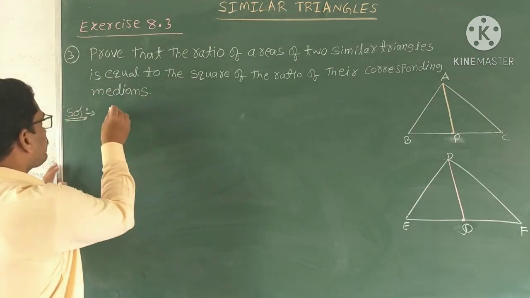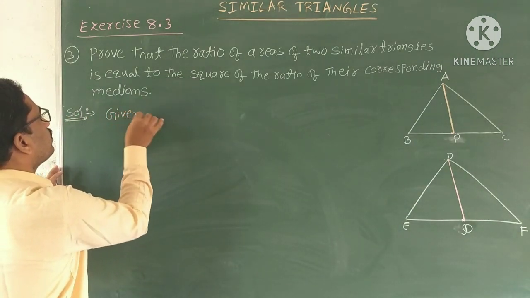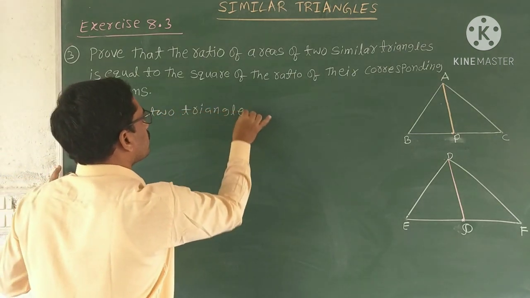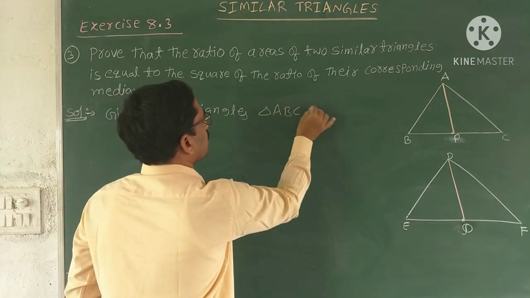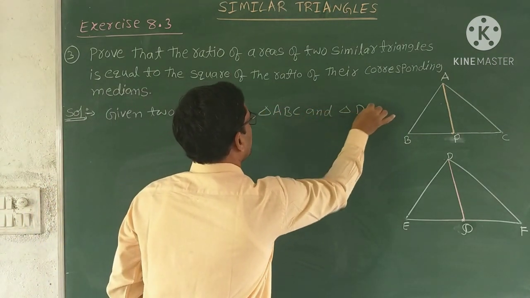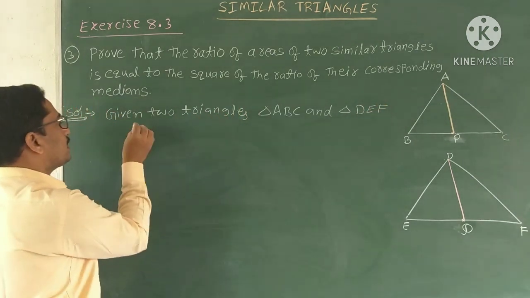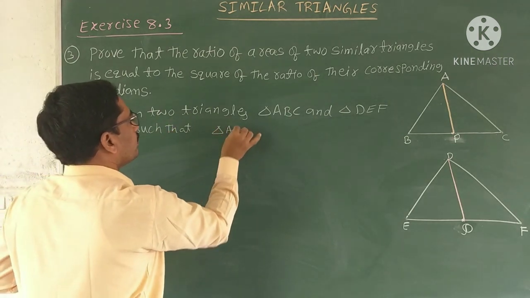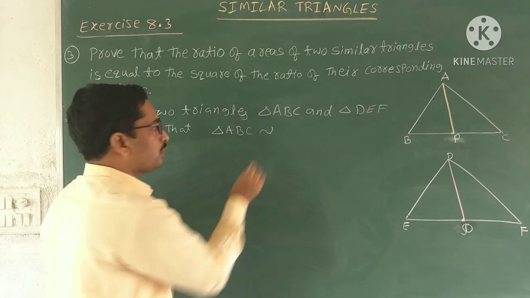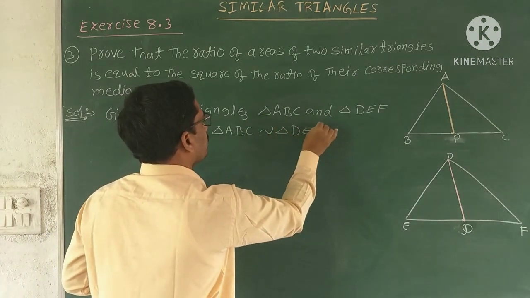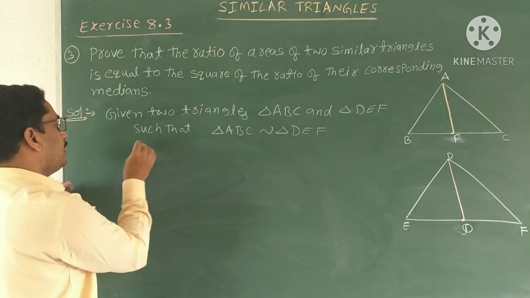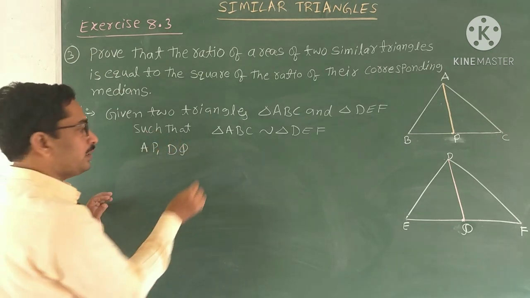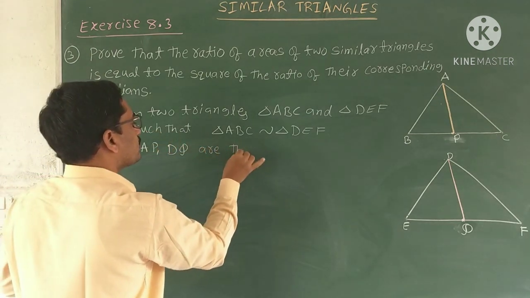Now write the given. Given two triangles, triangle ABC and triangle DEF, such that triangle ABC is similar to triangle DEF, and AP, DQ are their medians.